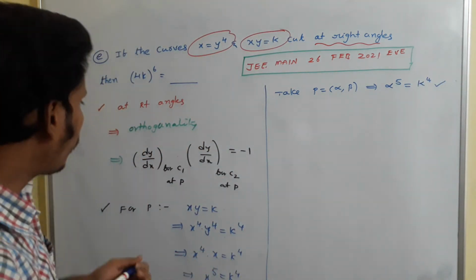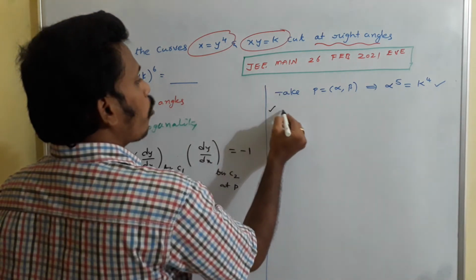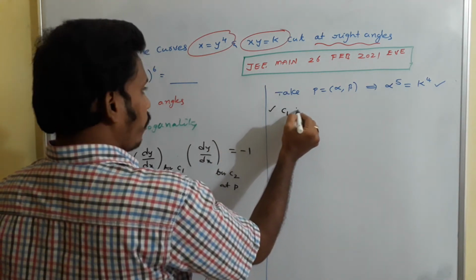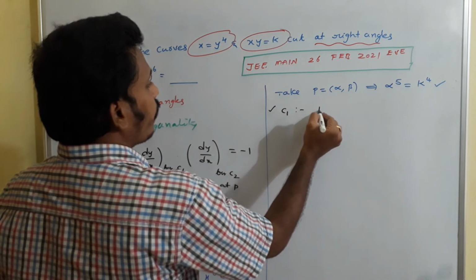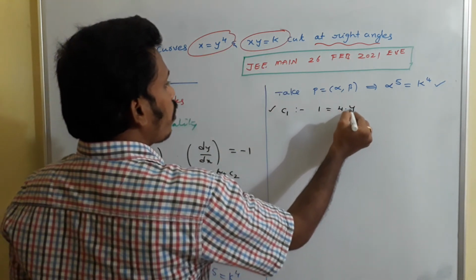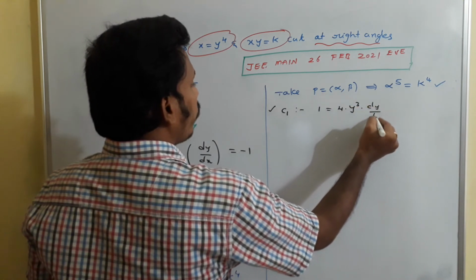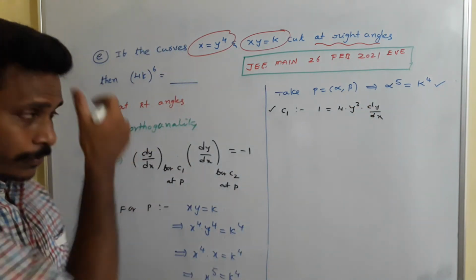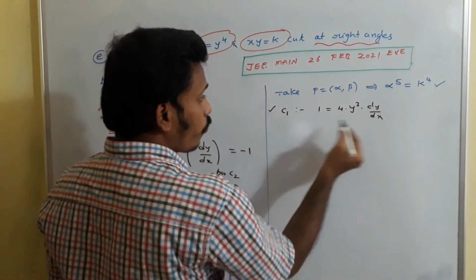Okay, and the next thing is, I will try to find the slope of tangent for curve 1. For curve 1, if you differentiate, the derivative of x is 1 and the derivative of y power 4 is 4y cube into dy by dx. From there, dy by dx is 1 by 4y cube.